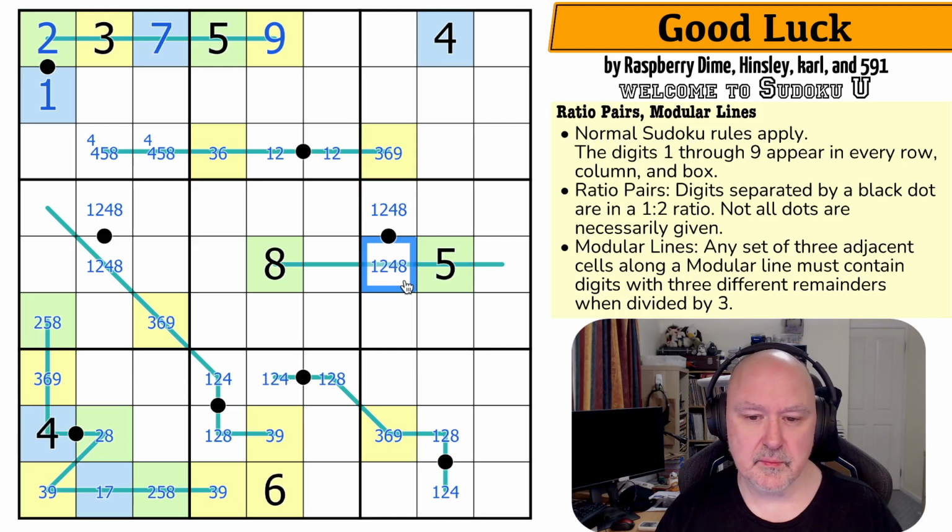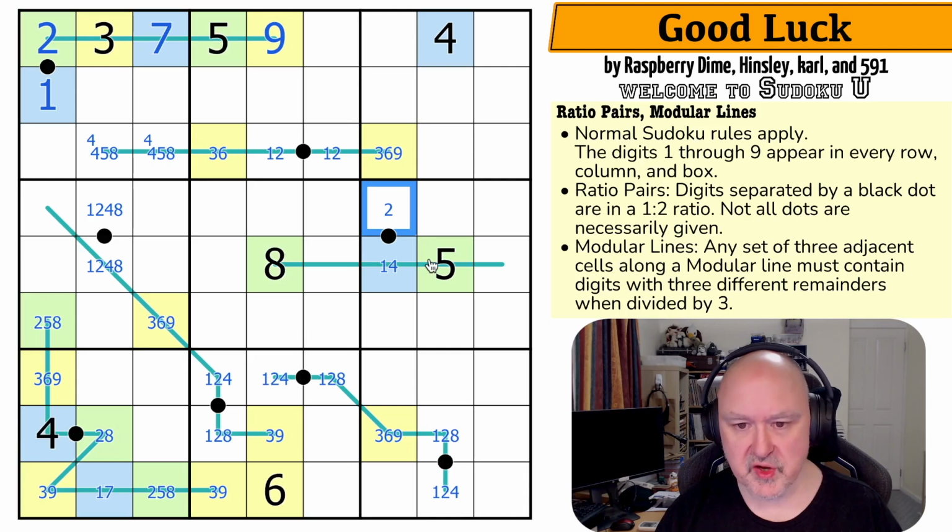And this can't be 8, because if this is 8, there'd be a conflict. And if it was 2, these would be the same modularity next to each other. So this is 1 or 4, making it blue. So 1 would go to 2, 4 would go to 2 or 8.